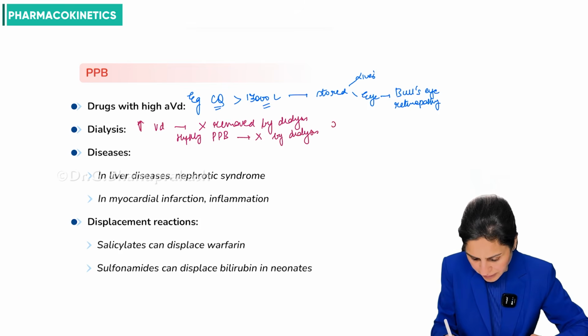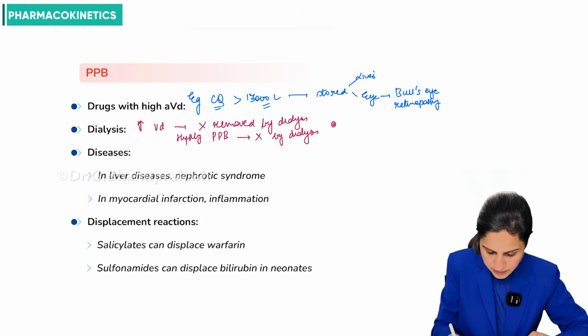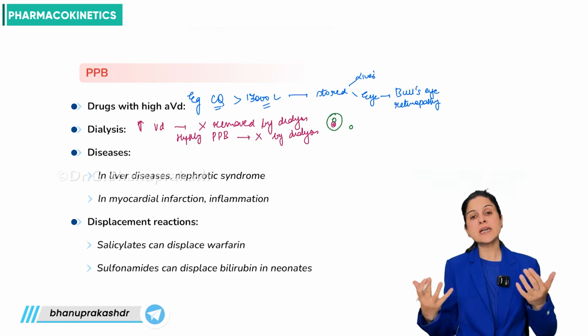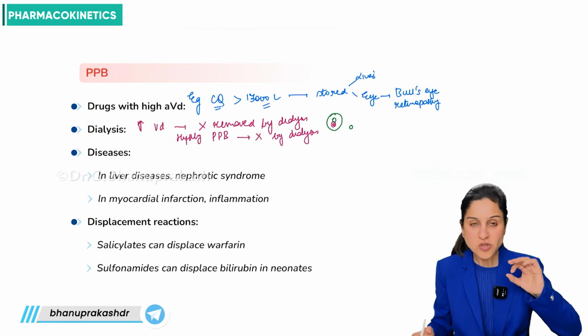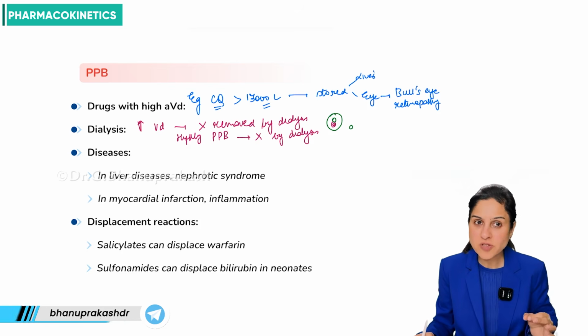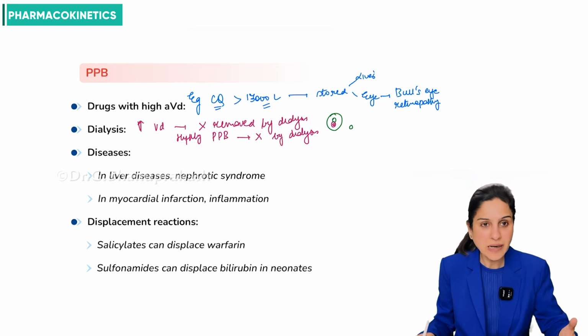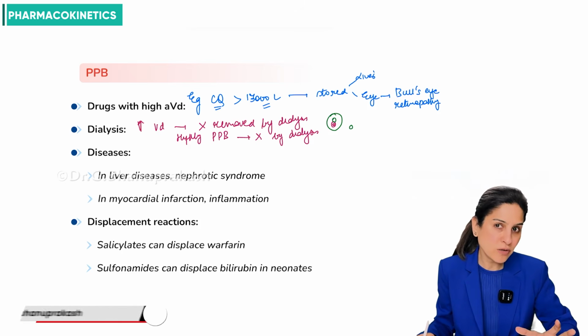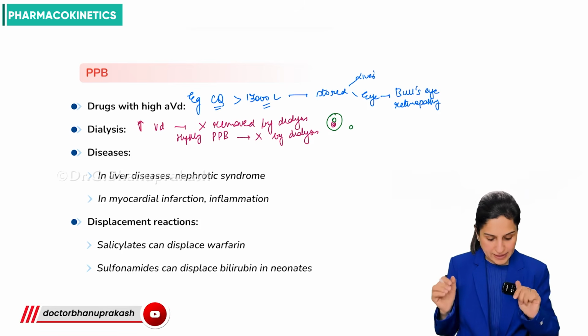When they combine with the plasma protein, as compared to single molecules, this is a big molecule, and it is very difficult to remove such drugs by hemodialysis. So drugs with very high volume of distribution, which are not present only in the blood, can't be removed by dialysis, while drugs which are highly plasma protein bound also cannot be removed by dialysis.